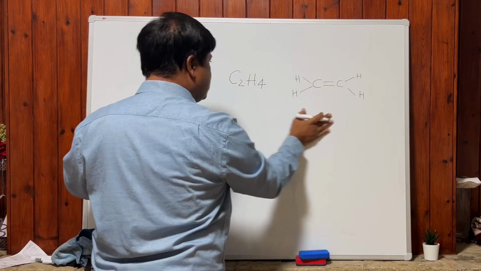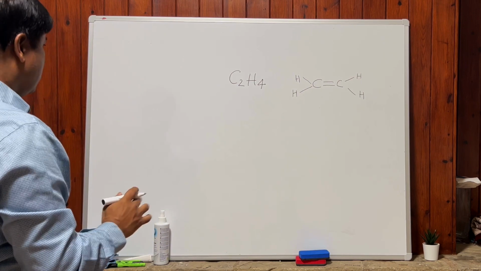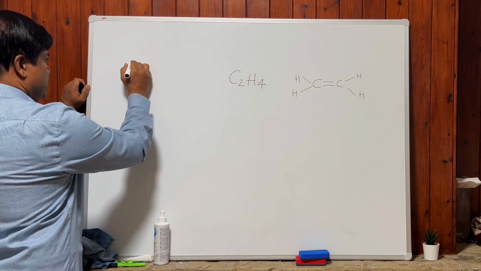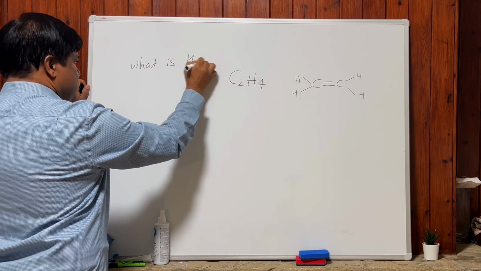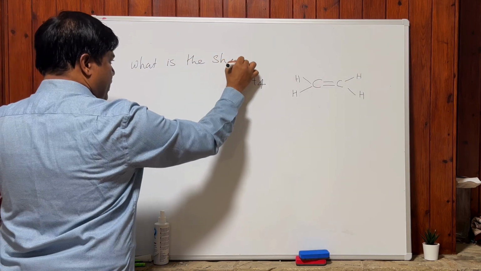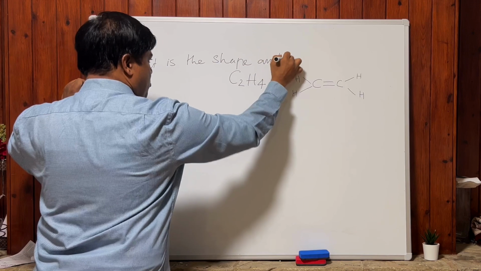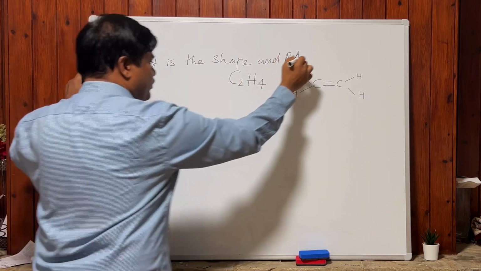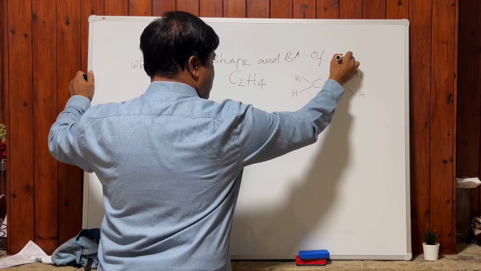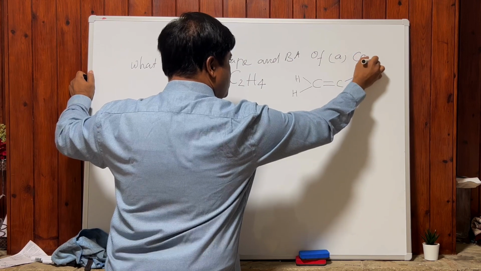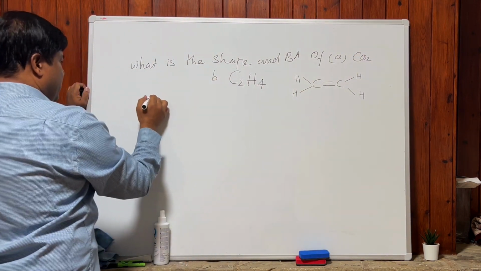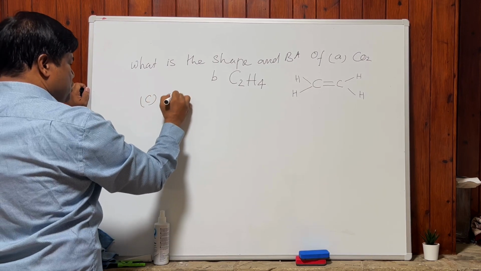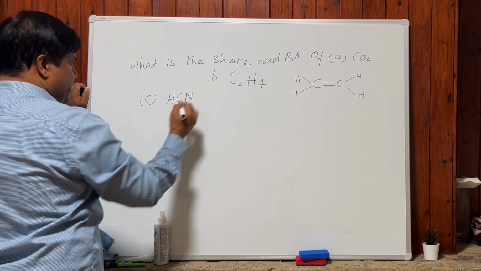So we will do what's the shape and bond angle question. What is the shape and bond angle of first A, we have done carbon dioxide just now, B, ethene, C, hydrogen cyanide, HCN.